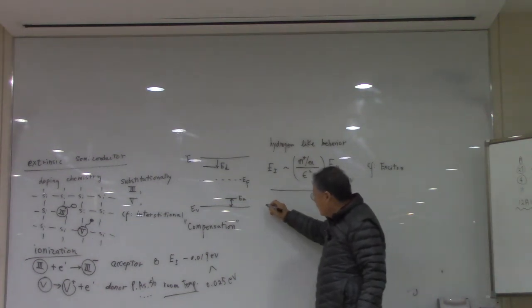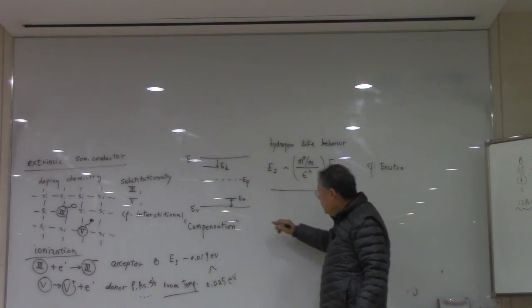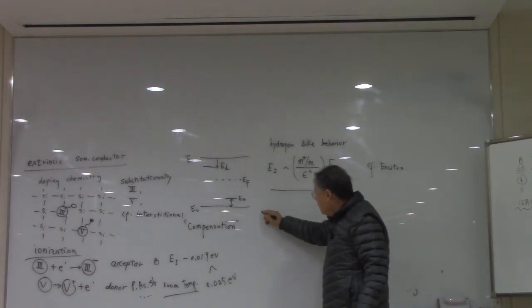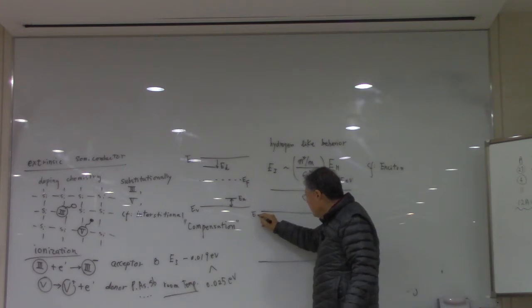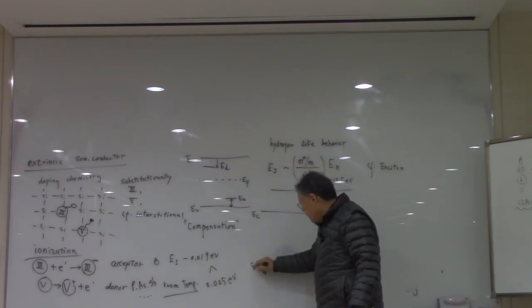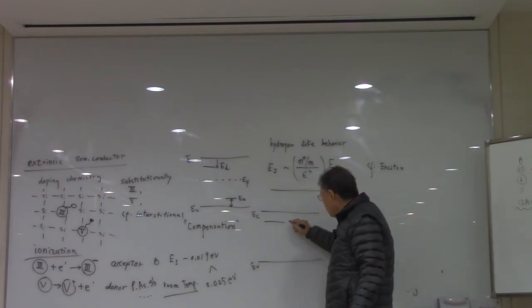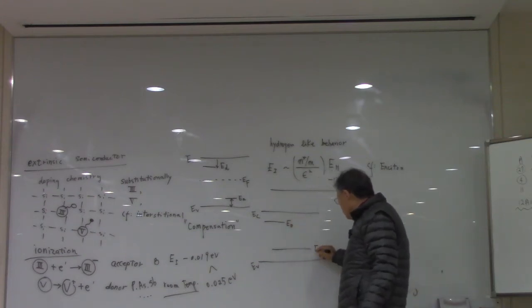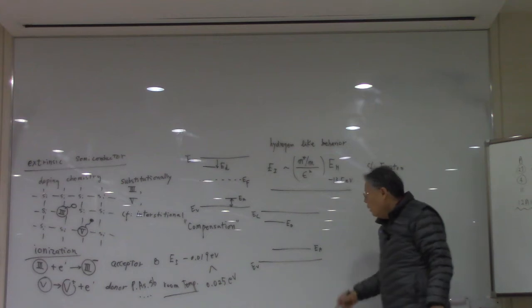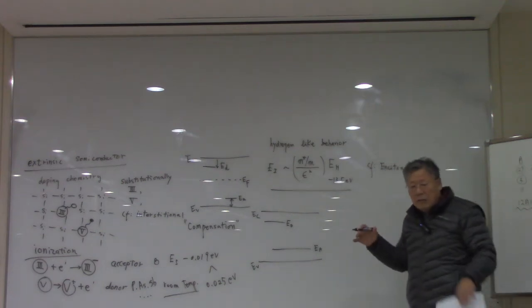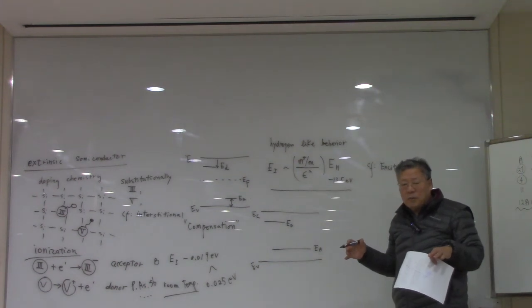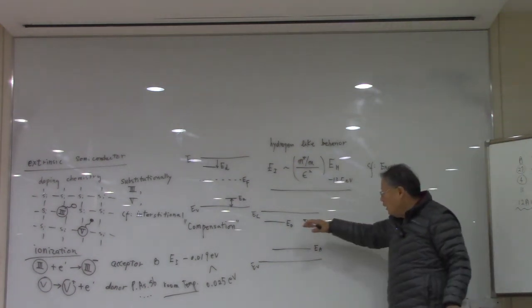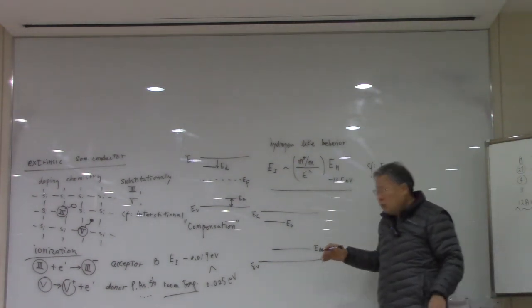Now, importantly, we have to realize that if you have a flat band diagram and donor energy levels like D here, acceptor energies like here, you have to understand the relationship between the occupancy probability and the donor and acceptor situation.